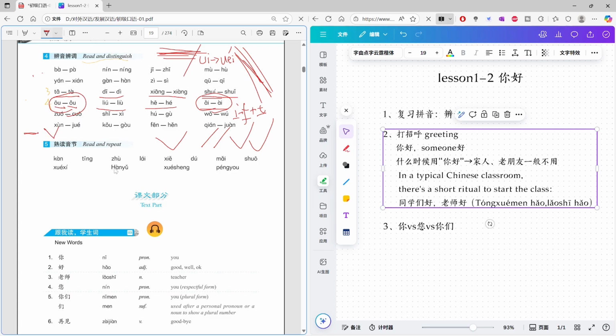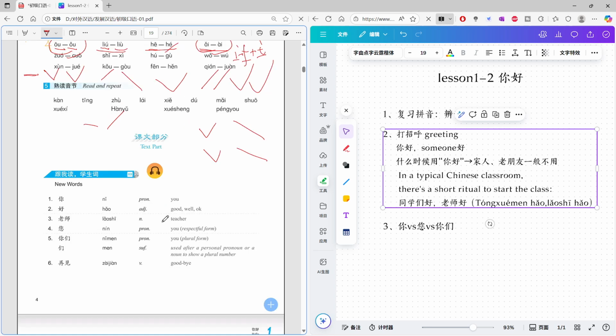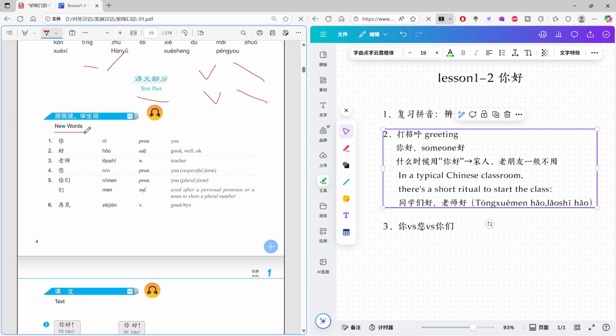O and O. The last one is I and I. 然后第二个 the second pair 六 okay 六喝 good 非常好。课后你还可以自己去听一下音频，然后反复练习。接下来我们来学习课文部分 text part。先来读一下 new words 生词，这里就由我来读一下吧。I will read them for you.